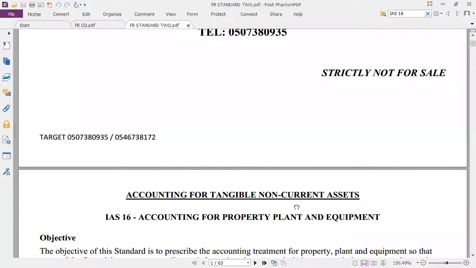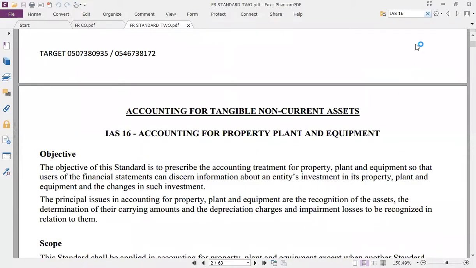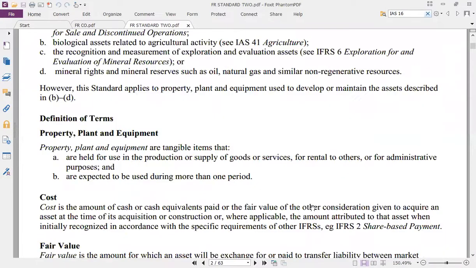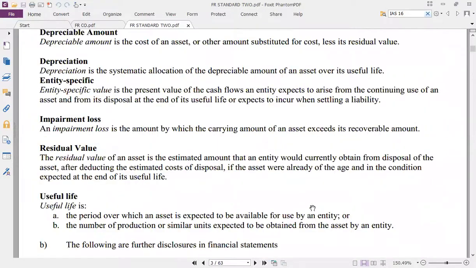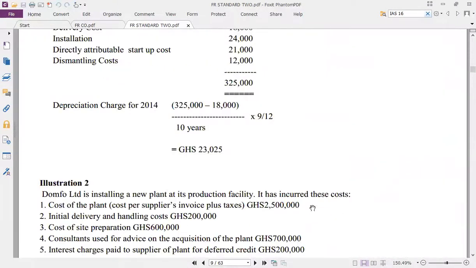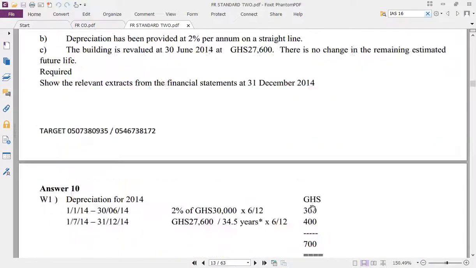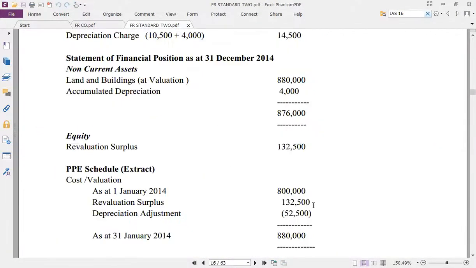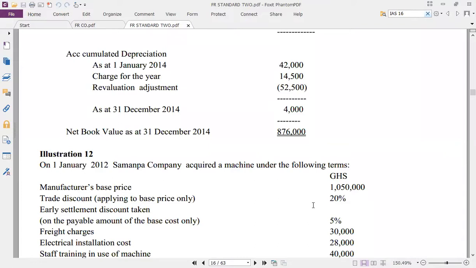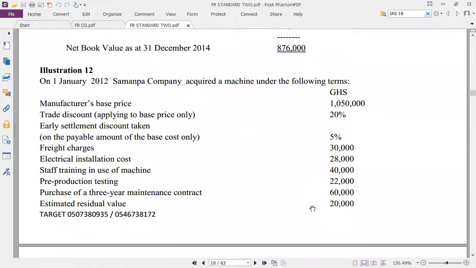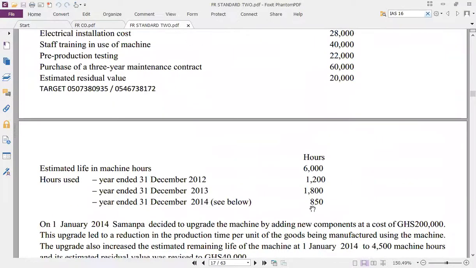Okay, so let's go to illustration 12, or to talk question 9. Illustration 12. That is where I'll start from randomly. Okay, so this is illustration 12. Let's go to the requirement.